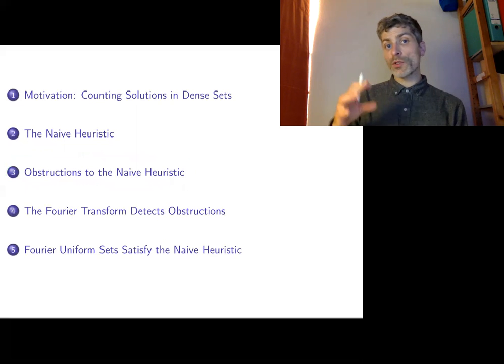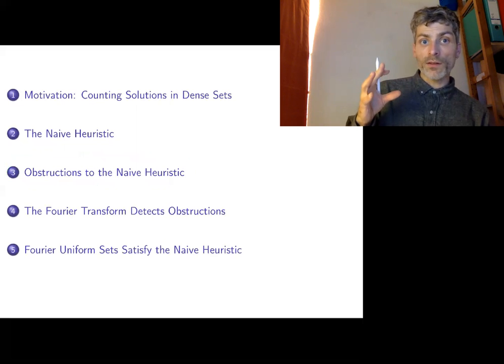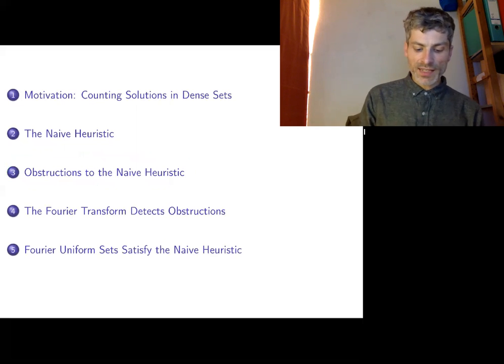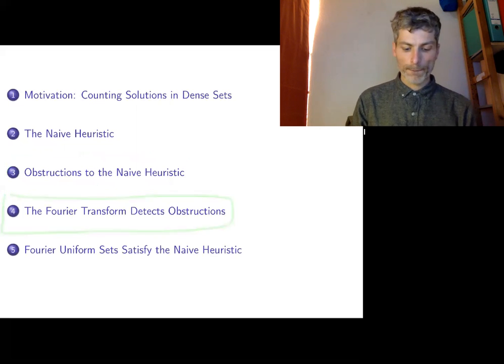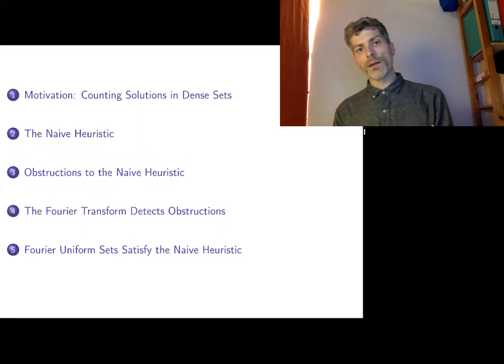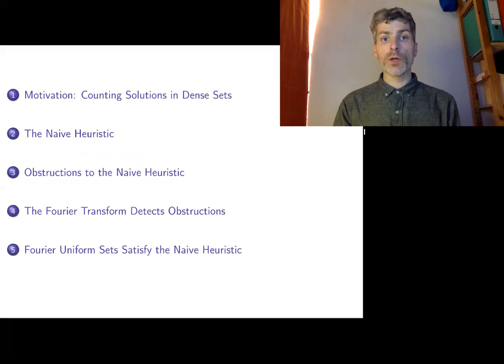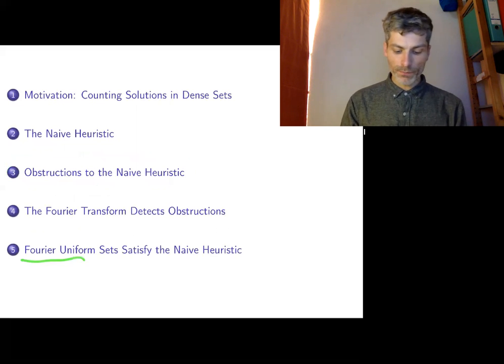Now, this course is also about Fourier analysis, and Fourier analysis is there because it allows us to detect these obstructions to the naive heuristic. When there are no obstructions present, we call a set Fourier uniform.